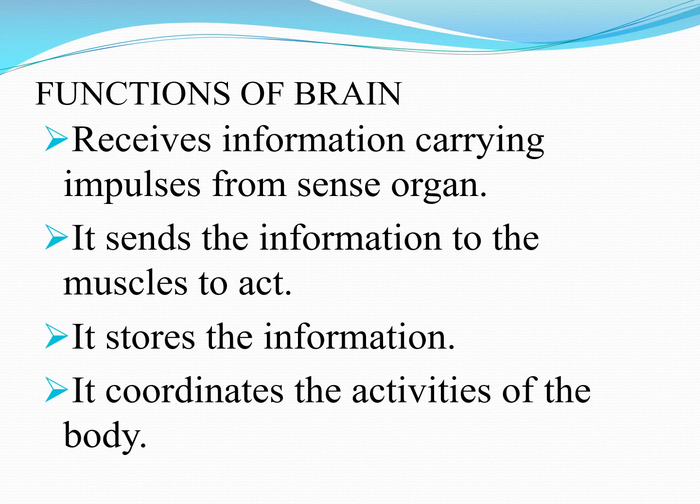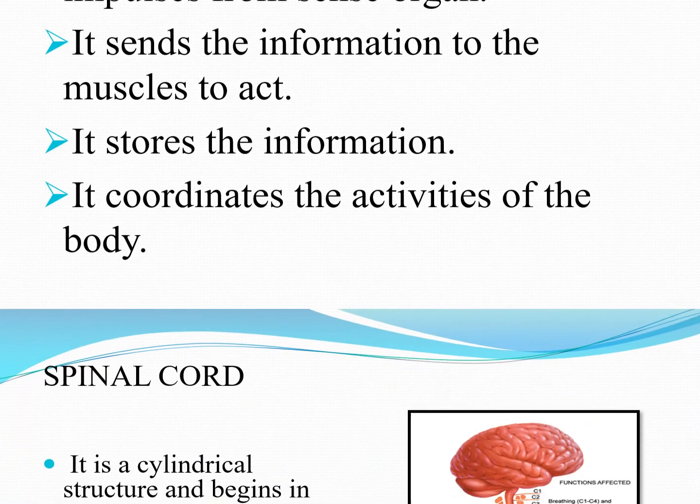It is covered by 3 layers called meninges: pia mater, arachnoid and dura. In between, the space is filled with fluid, cerebrospinal fluid, and then it is kept inside a bony box called the skull. So the brain is a very important part of our body.